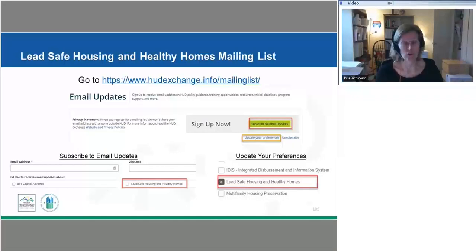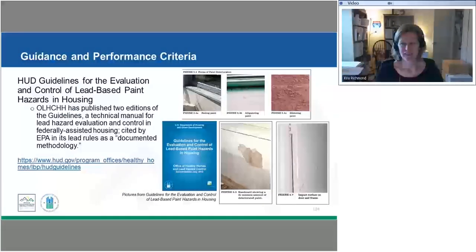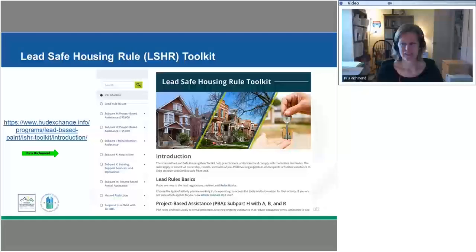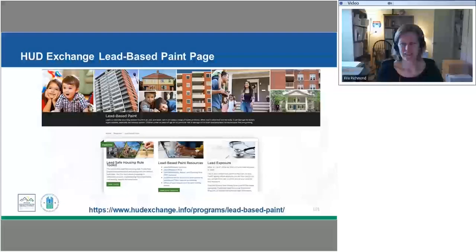So Les, are there any questions that have come up from the exercise, or anything that you want to expand on a little more? Well, the only question that's come up is, if you go back to maybe slide 100 or 101, probably on the toolkit page.